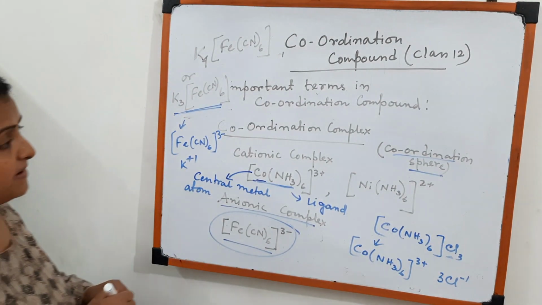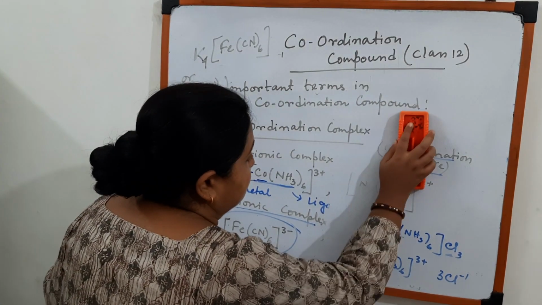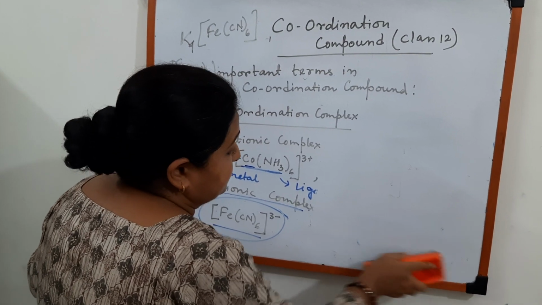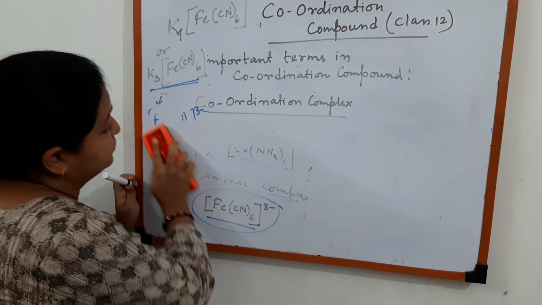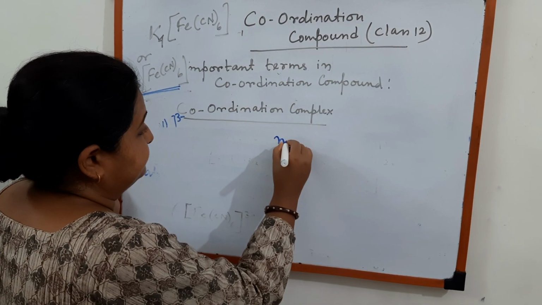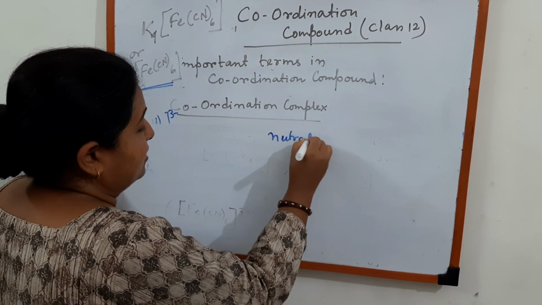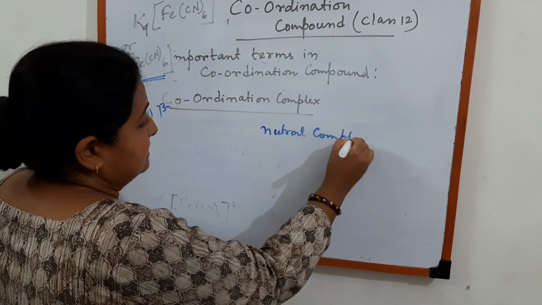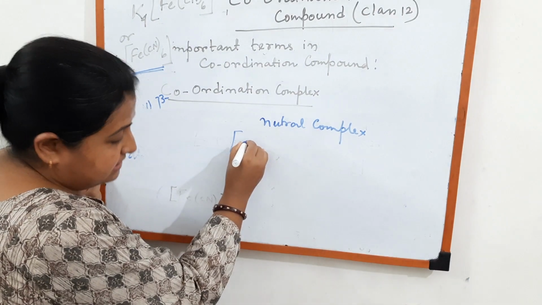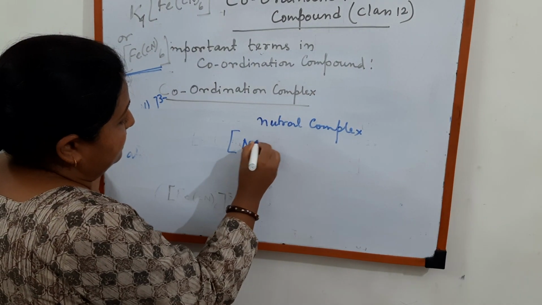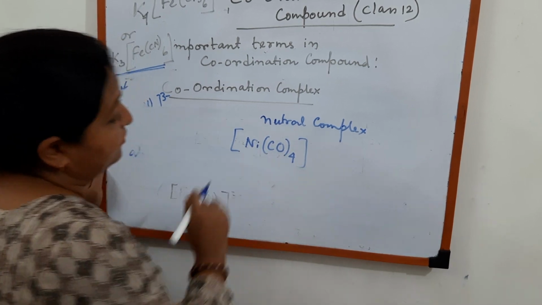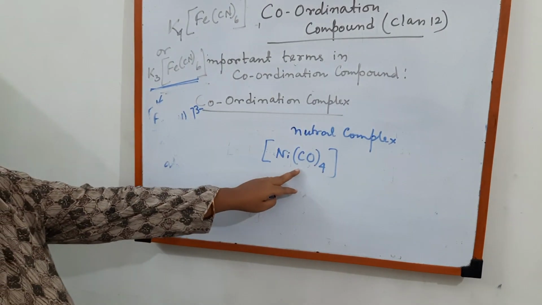And there are some compounds, the complete structure, there is no such cation or anions present outside, and these are called neutral complexes. Neutral complex, like Ni(CO)4, that is carbonyl, CO capital, both are capital.